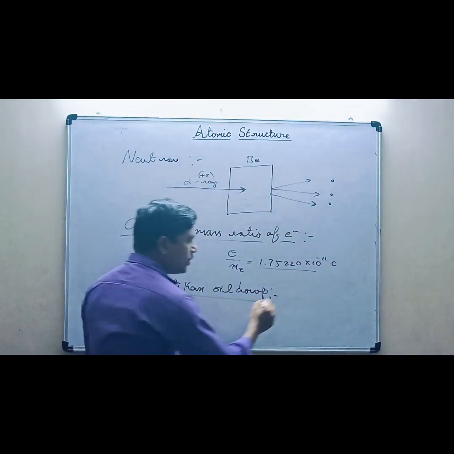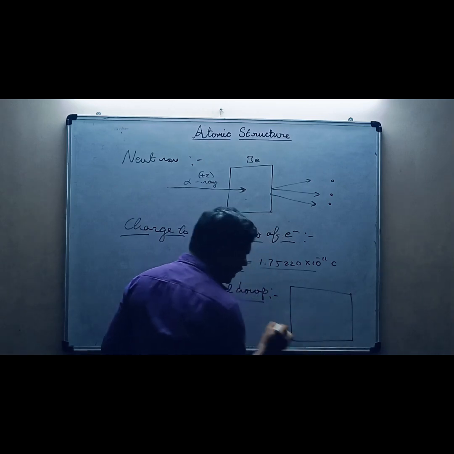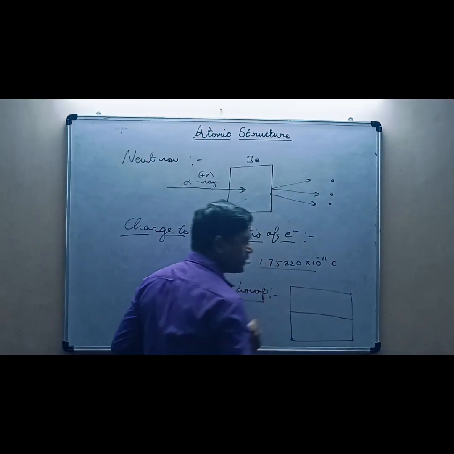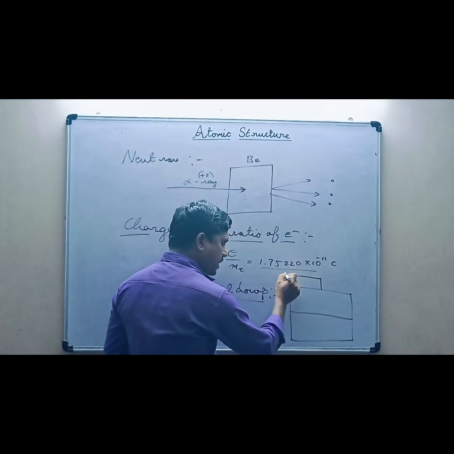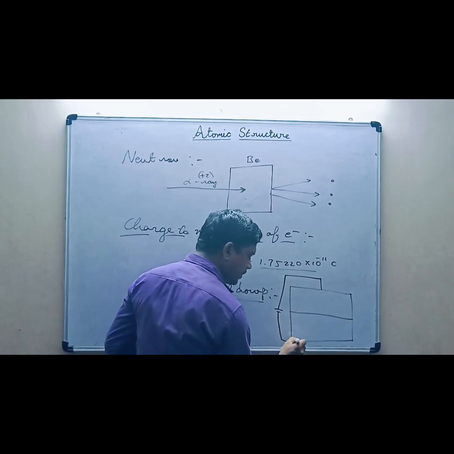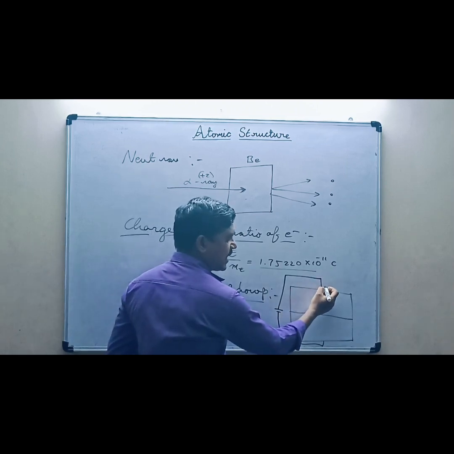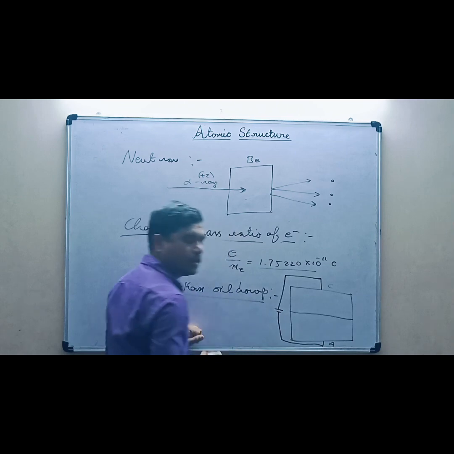In this activity also, they have taken a chamber, and this chamber is divided into two halves, right? The upper chamber is connected to a positive terminal and the lower chamber is connected to a negative terminal, and here one acts as a cathode and the other acts as an anode, right?